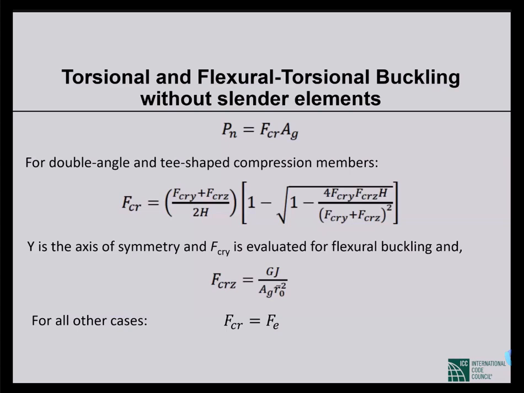But there may be two cases, even in that case too. One is the members may have slender elements, that is B by T ratio or H by TW ratio more than lambda R, or they may not have slender elements. That is, the B by T ratio, H by TW ratio may be less than lambda R.